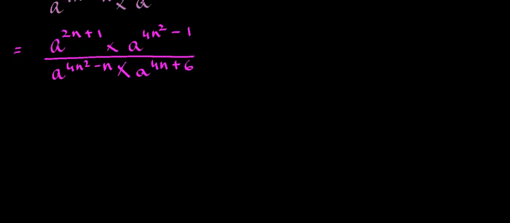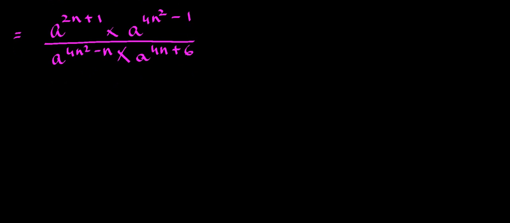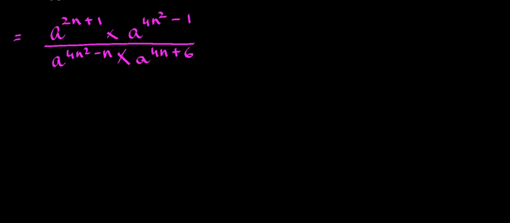Let's move ahead. What is happening next? We have common bases. Let's put them into use. We have a raised to 2n plus 1 plus 4n square minus 1.